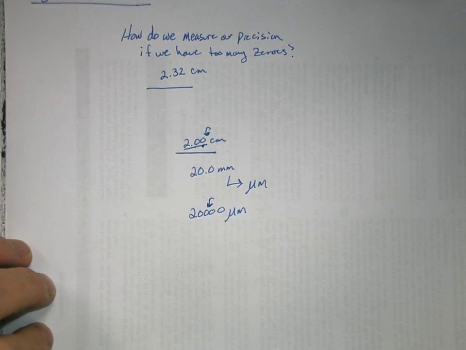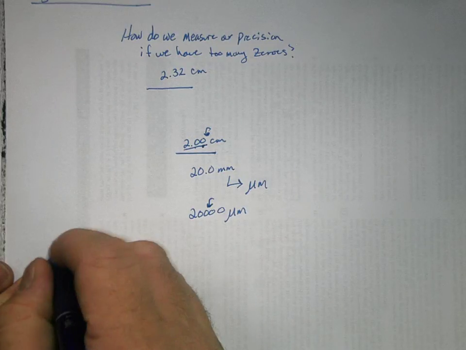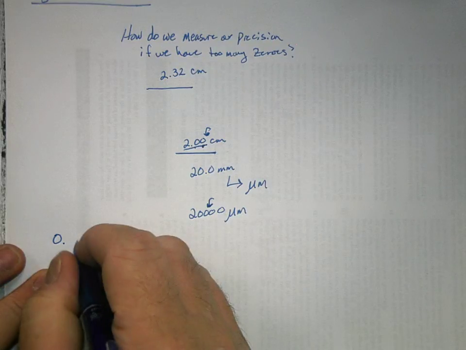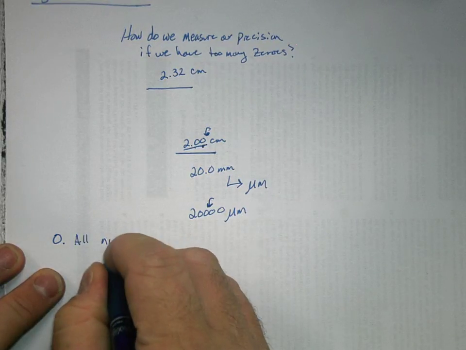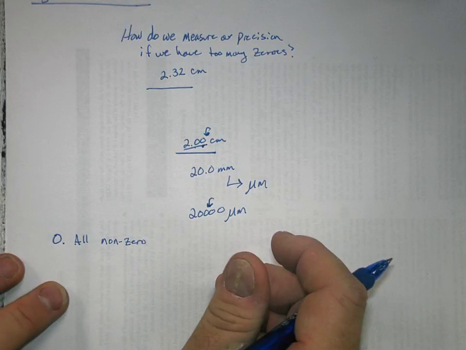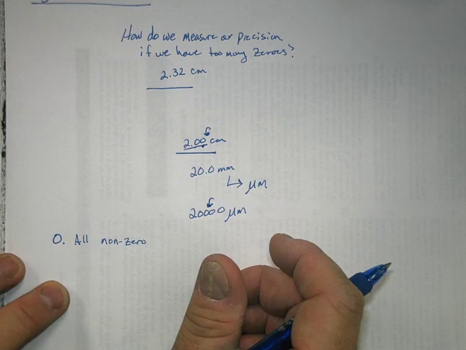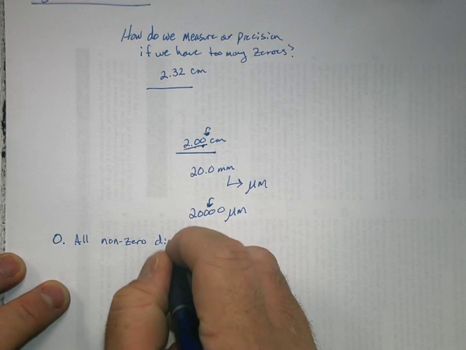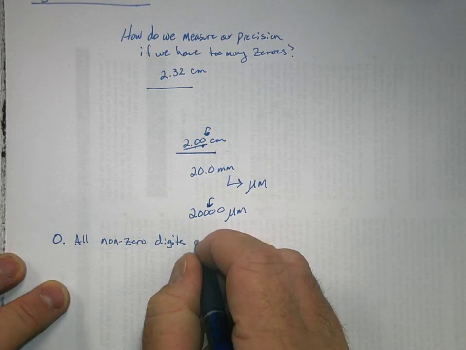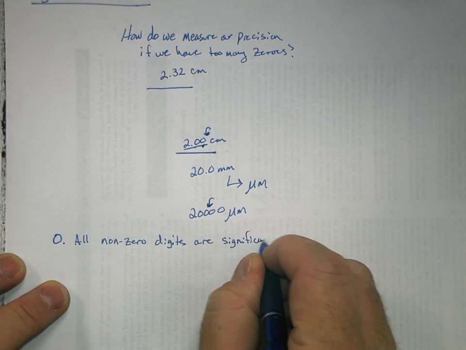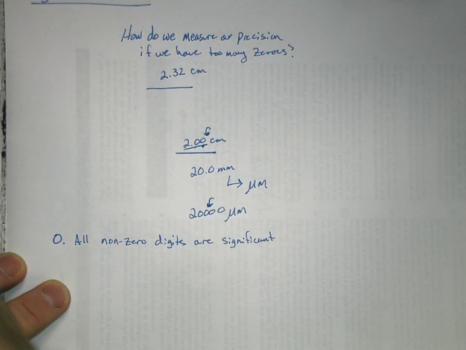We have three rules that account, well, four rules, but one of them is kind of implied. So we'll call it the zeroth rule, Rule 0, which is funny because it refers to non-zero digits. That's irony. All non-zero digits are significant.